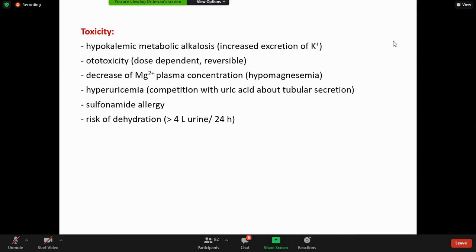Hyperuricemia, because of competition with uric acid for tubular secretion, we have already discussed; it is the same as with thiazide diuretics. Sulfonamide allergy, this point we have already discussed: the loop diuretic is a sulfur-containing compound.